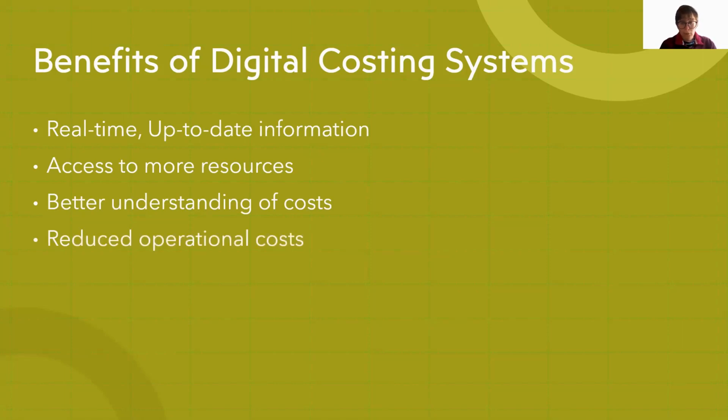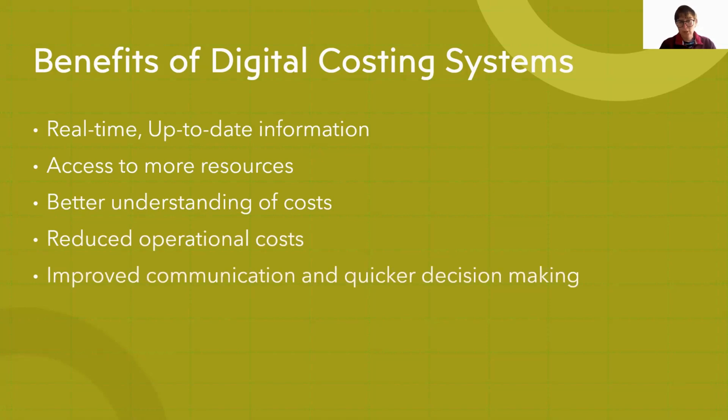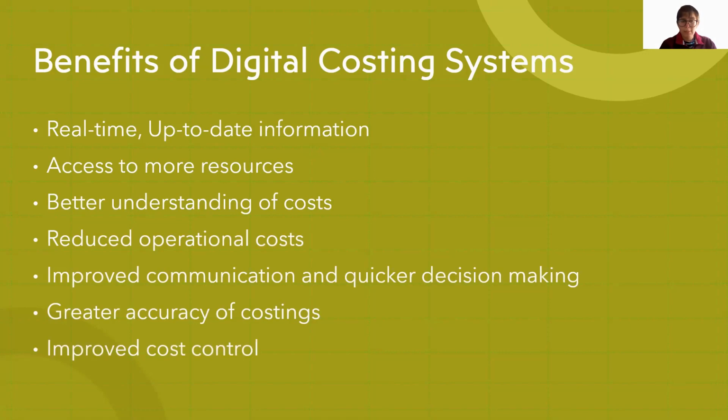It can lead to reduced operational costs, and it also allows for improved communication, as well as being able to make quicker decisions because we've got that improved communication there. It can also lead to a greater accuracy of costings because we're actually keeping up to date with it, which in turn would improve your cost control. So there are many benefits to having that digital cost system instead of being paper-based.